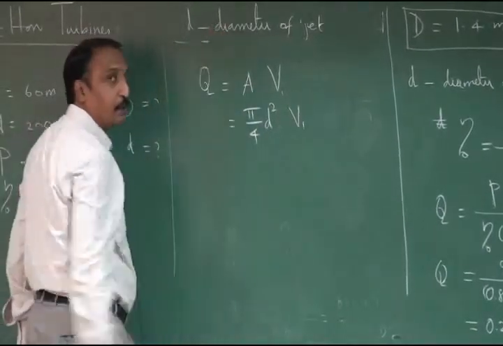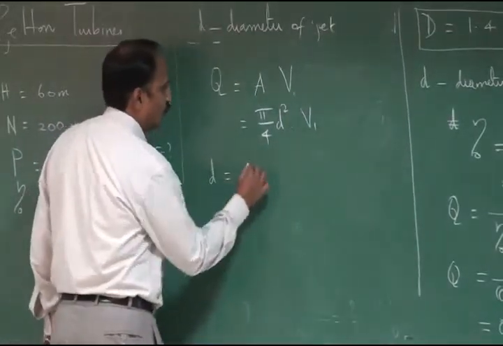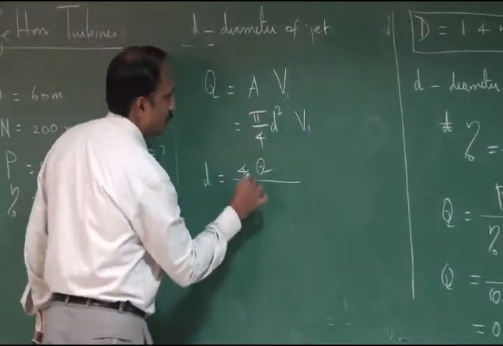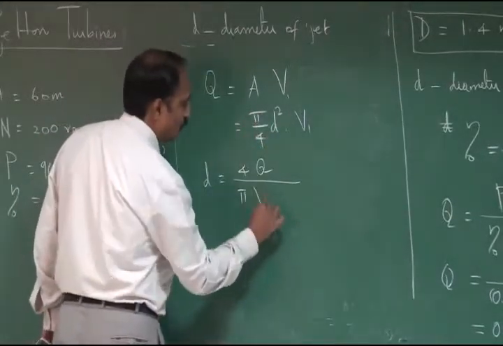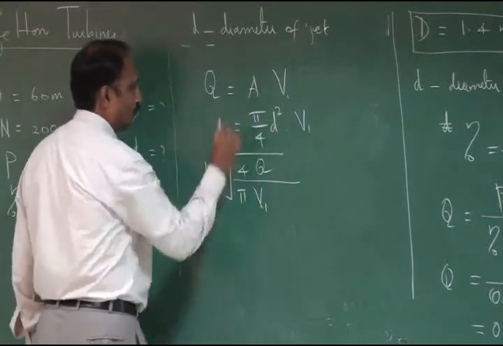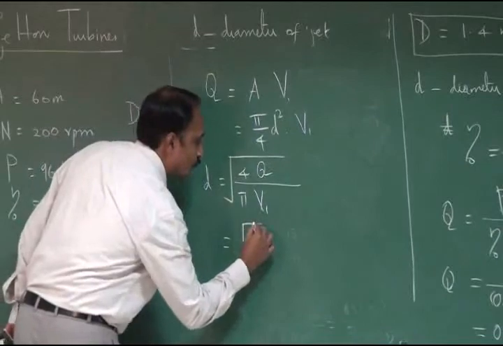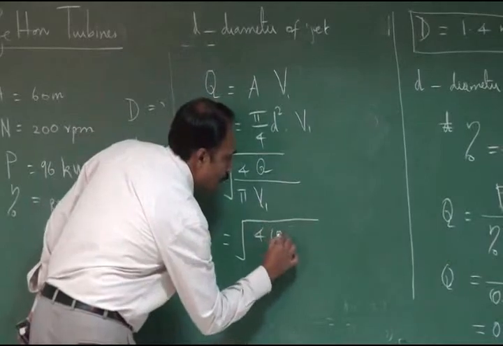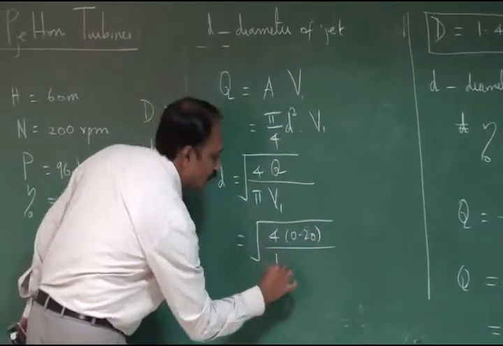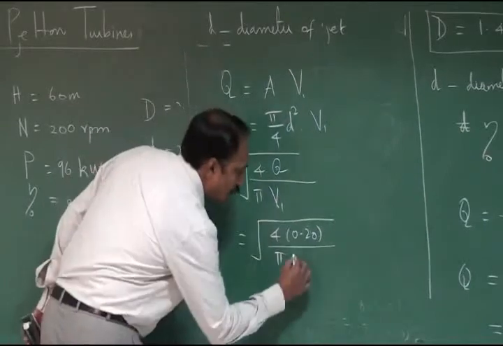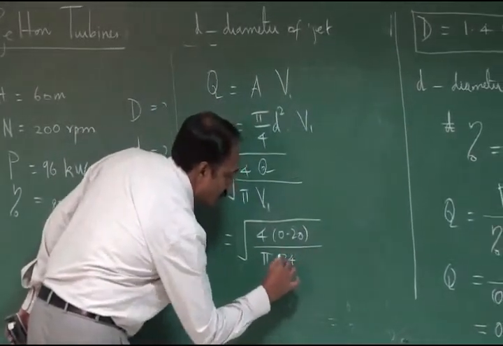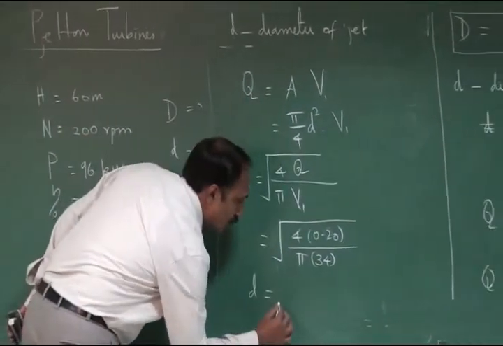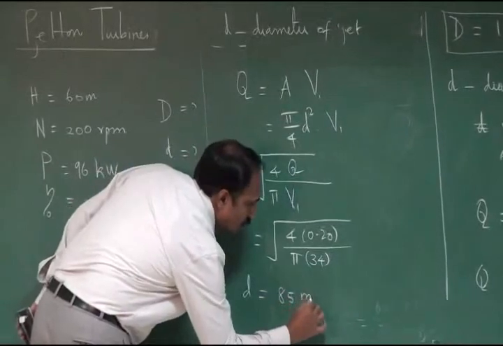Rearranging for the diameter of the jet, d is equal to the square root of 4 times the discharge divided by pi into V1. So square root of 4 into the rate of flow, 0.20 meter cube per second, divided by pi into V1, which is 34 meter per second. So we get the result d equal to 85 millimeter.